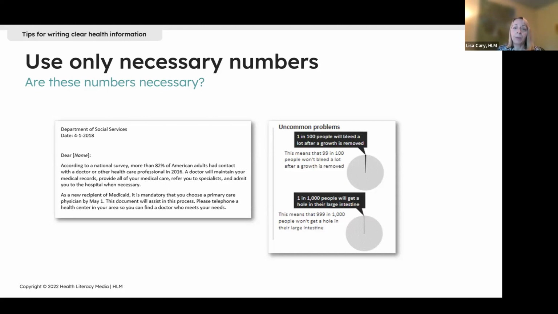So imagine if you were a patient who was thinking about getting a procedure, is this information that you would want to know before you decided? We would probably say yes, that you would want to know what your chance was, what your risk was for bleeding.